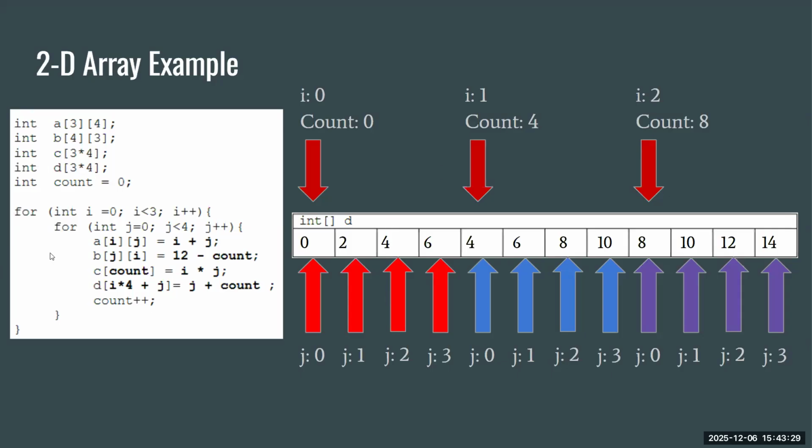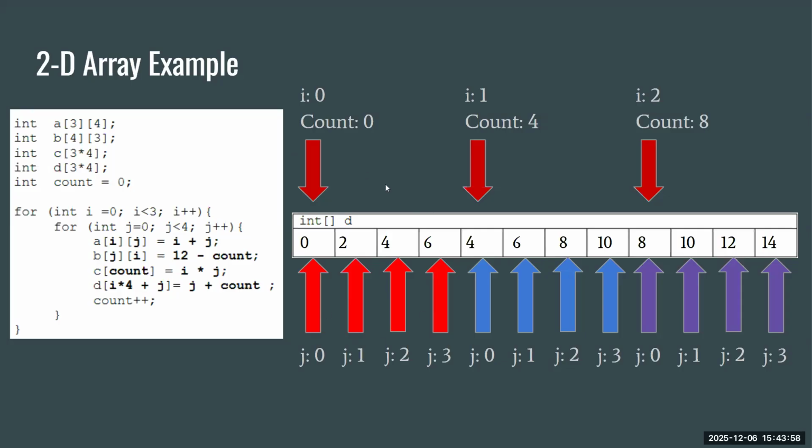we start the inner loop over again, but count stays the same, or not stays the same, but what's the right word? The changes from the previous iterations still hold for the next loop, as each time the inner loop runs, count gets incremented, and for this section, count got incremented 4 times.